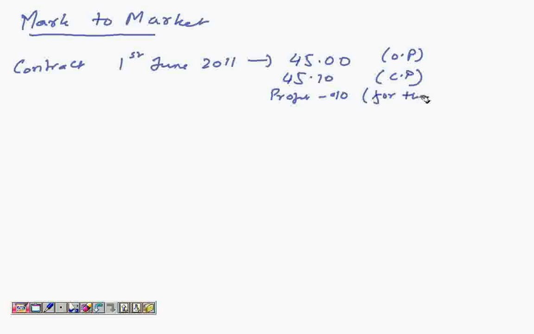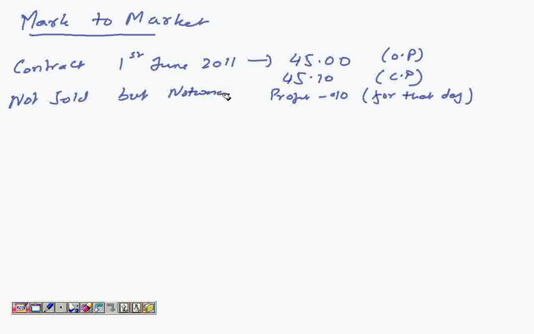Now the most important thing to keep in mind is that you haven't sold that contract, but notionally you are making a profit of 10 paise. So let me write this down: you've not sold, but a notional profit is there.